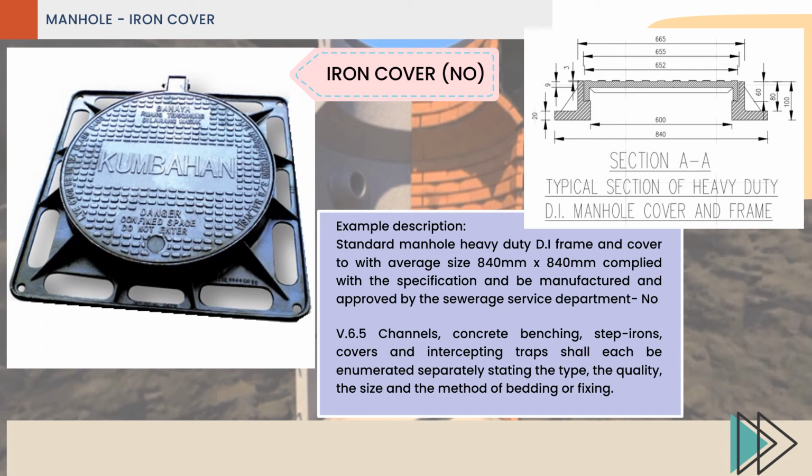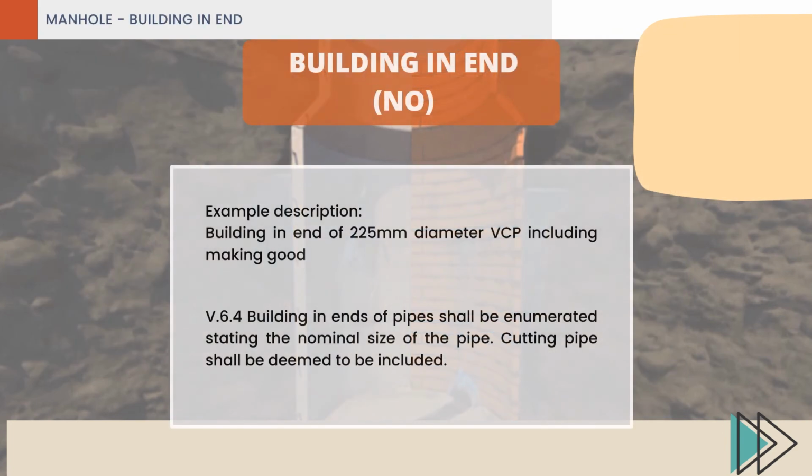The clause related is V.6.5. Channels, concrete benching, step irons, covers, and intercepting traps shall each be enumerated separately, stating the type, the quality, the size, and the method of bedding or fixing.